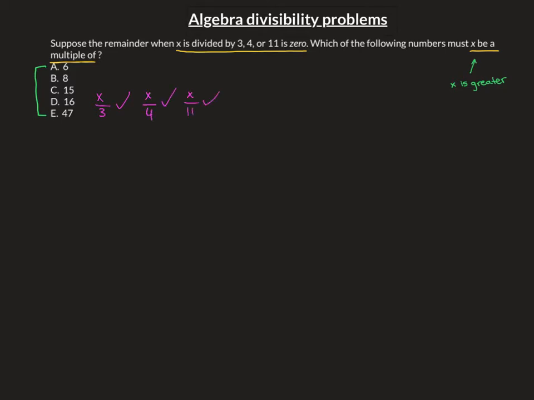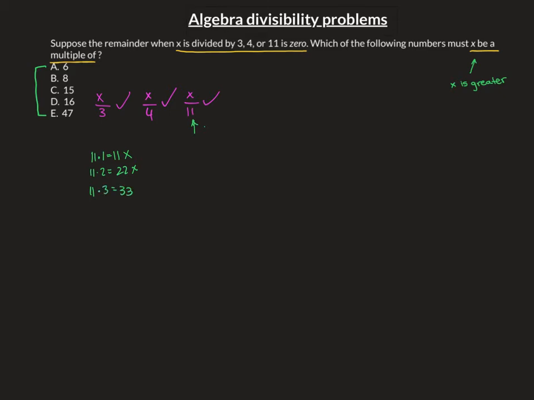So all we have to do is take our biggest number here, which is 11. Since 11 is our biggest number, we can take all the multiples of 11 and see if they work. So 11 times 1 is 11. That does not work. 11 times 2, 22. That does not work. 11 times 3 is 33.